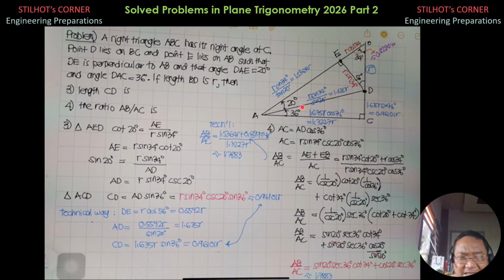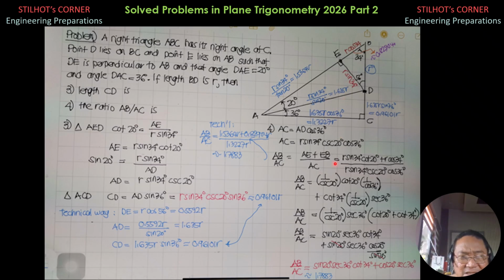Then finally, in this right triangle, 1.635r sine 36 is 0.96101 of r. Evaluate this, sine 34 divided by sine 20 times sine 36, that's 0.96101 r, which is the same as that. So you can select the correct answer even if you use the different angles.